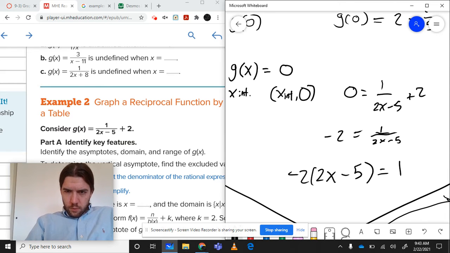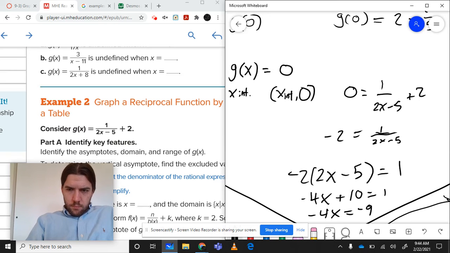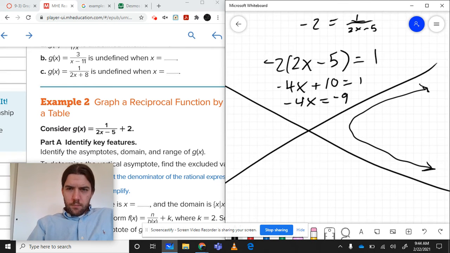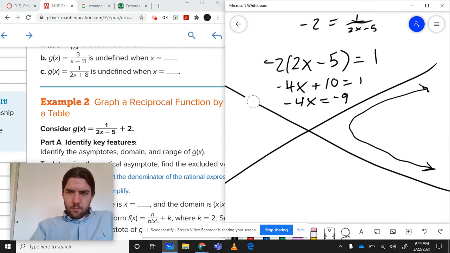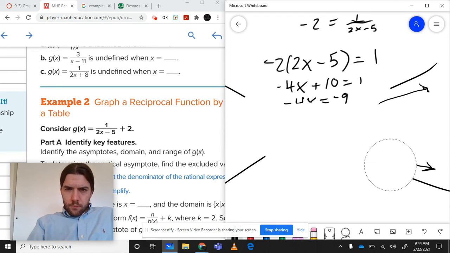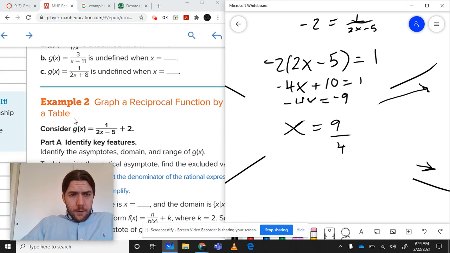All right, and we're just going to go through all of our normal algebra steps to get a solution here. Okay, so we could do that.